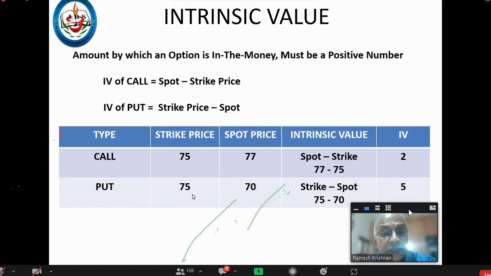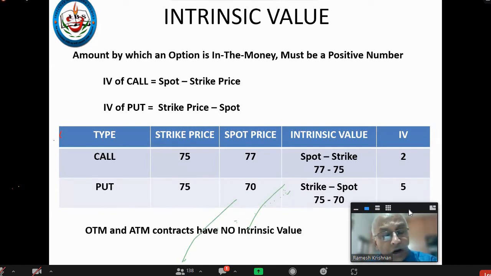And for a put option, strike is 75, spot is 70. Negative values are not intrinsic values. They are simply ignored. So this is the intrinsic value concept of an option.